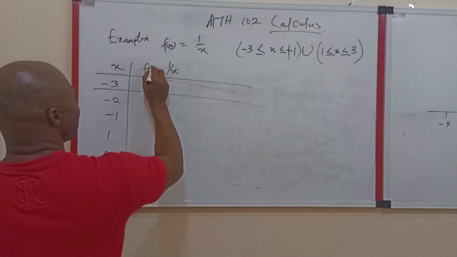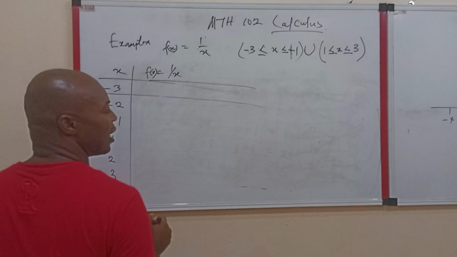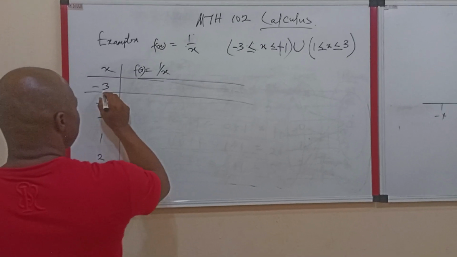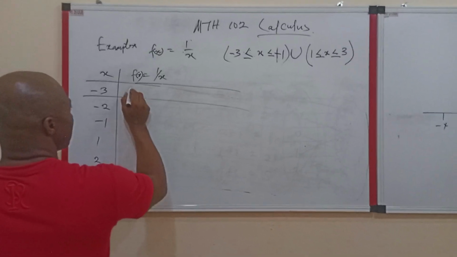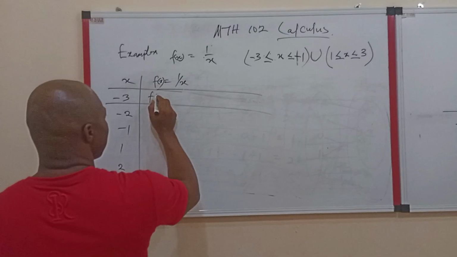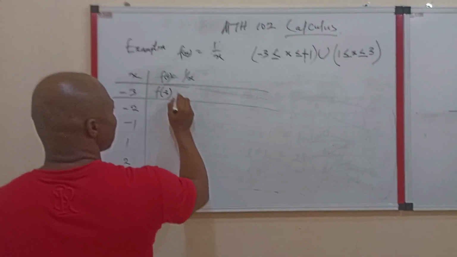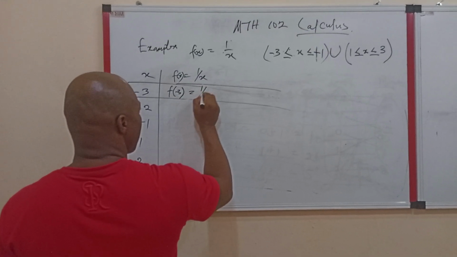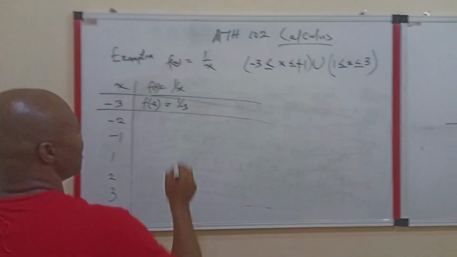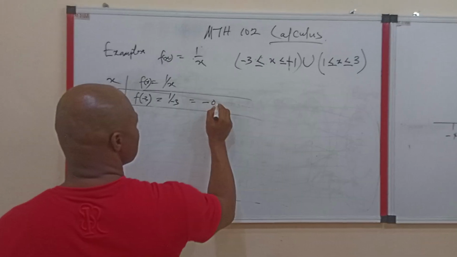Meaning anywhere you see x, put the value x has taken. So first of all, x takes -3. So f of -3 will be 1 all over -3.